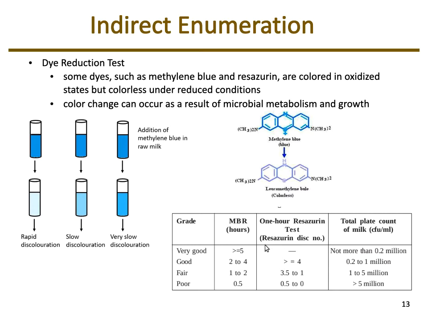If you read it at a certain time and it hasn't changed color, then you can be more confident that there's not enough microbes present to affect the sample. A lot of times this is done for raw milk before it goes through processing, so that they know how long they have to process or pasteurize, or whether they have to throw this batch of milk out and not incorporate it into the overall milk production.